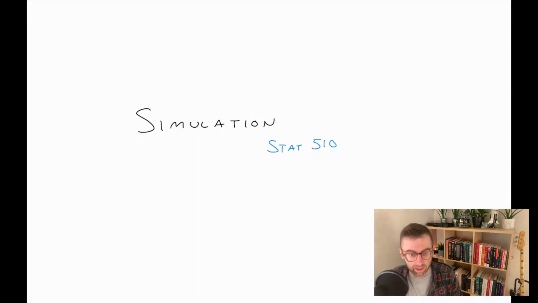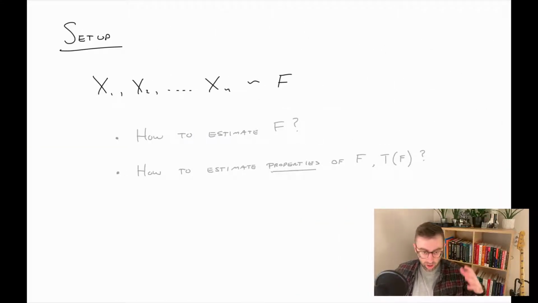So let's do that. What have we been doing in this course so far? After we got through our review of probability, we introduced the main task of this course, which is going to be statistical inference. Long story short, we have some data.